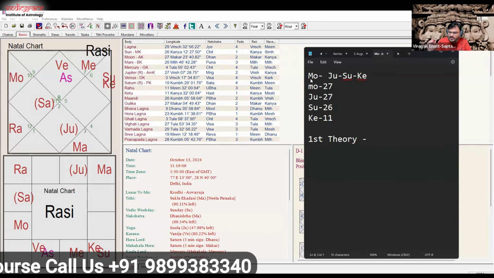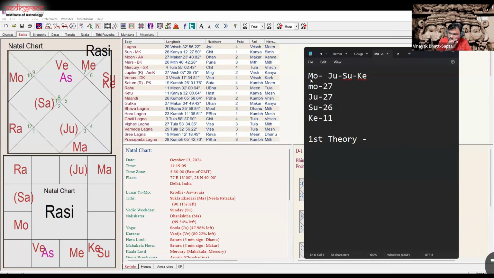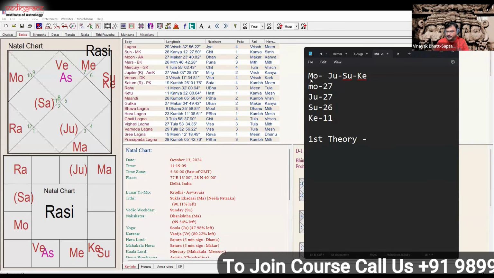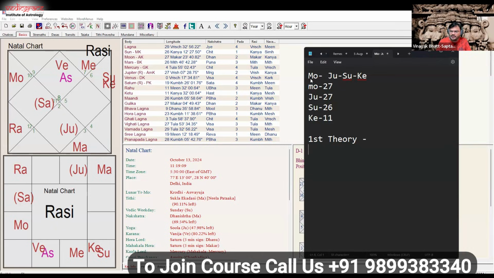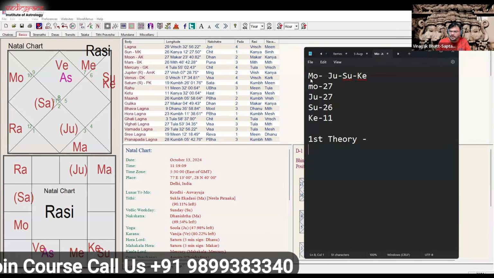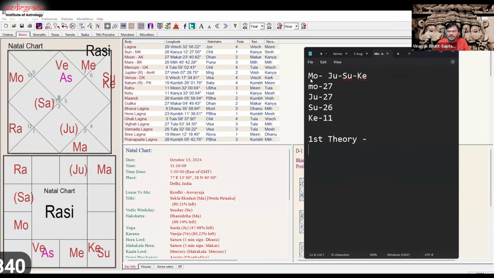If I arrange these planets degree-wise, only then can you make a prediction. Otherwise, you can make any random predictions. The first theory says we can arrange degree-wise. Moon and Jupiter both belong to 27 degrees. Moon is 27 degrees 23 minutes. Jupiter is 27 degrees 07 minutes. So which is at the lower degree?